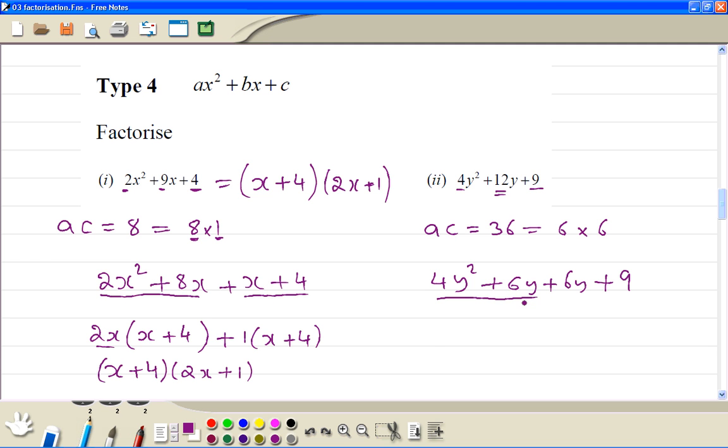Now the common factor here is 2y, so 2y plus 3 in the bracket. Common factor here is 3, so we get 2y plus 3. Then we have 2y plus 3 as a common factor times 2y plus 3.